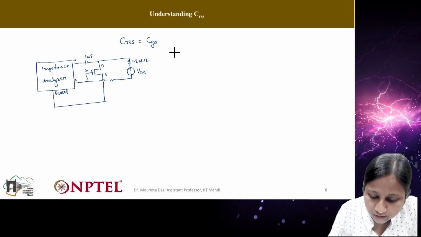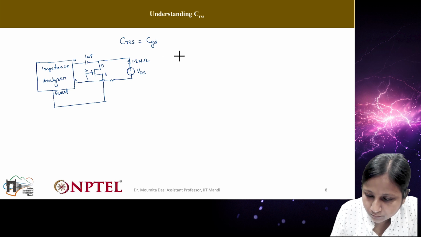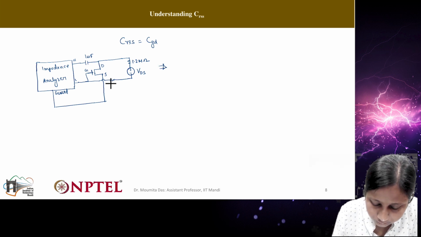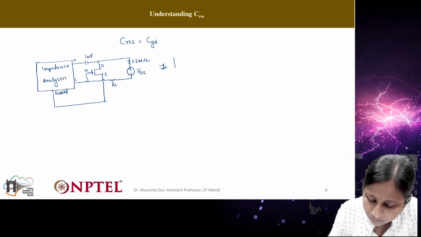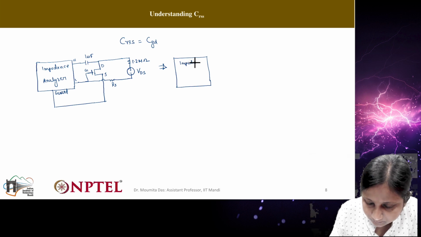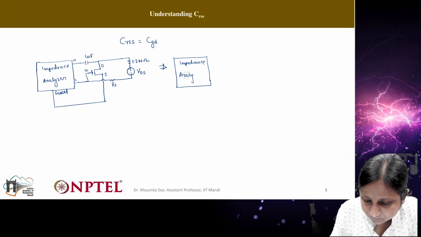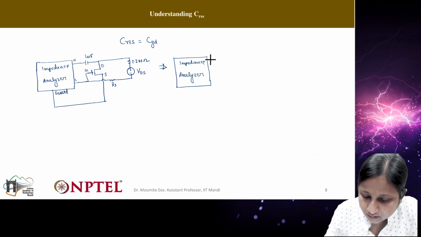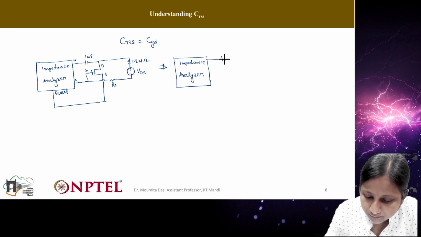Now how will the equivalent diagram look like? Let's say this is RS. The equivalent diagram will have a similar type of diagram. The input will be having the impedance analyzer, connected to the 1 microfarad capacitor.